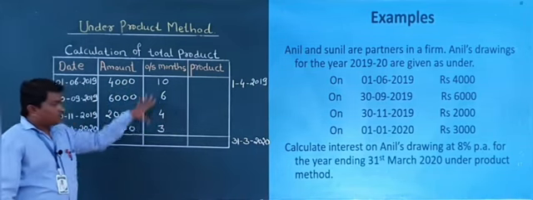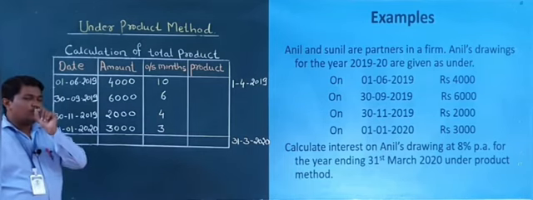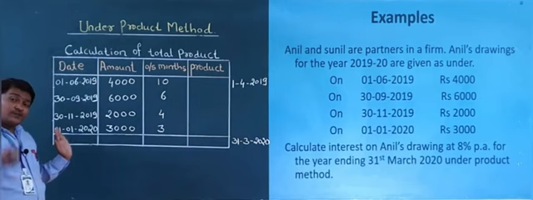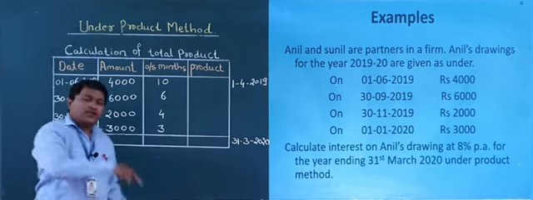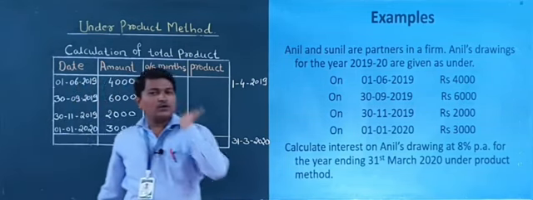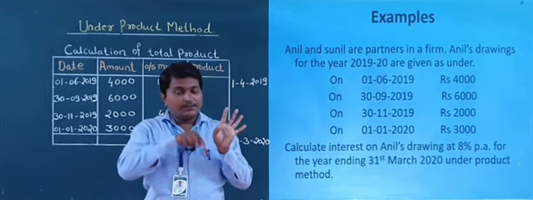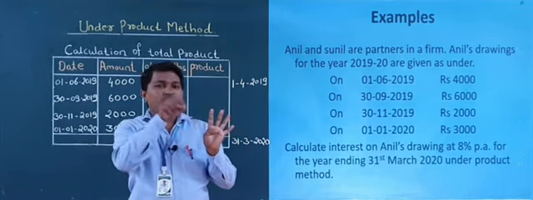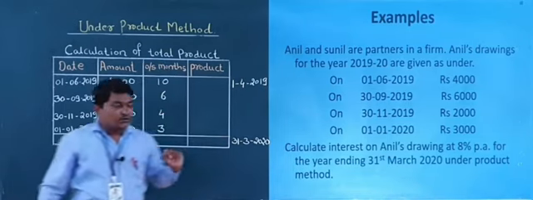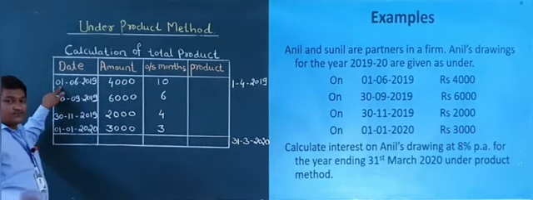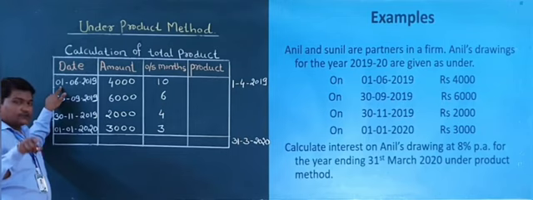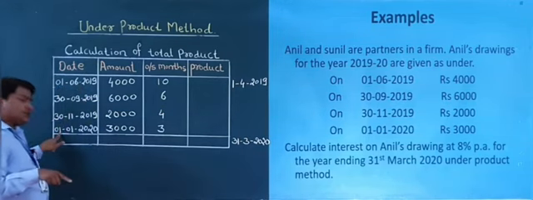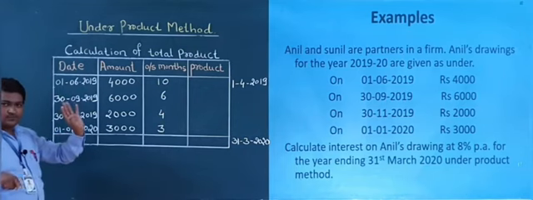Right? Clarify this one. So once again I repeat, I give a simple technique to you. If he withdrew at the beginning of the month, first day of the month, then you need to count that month also.